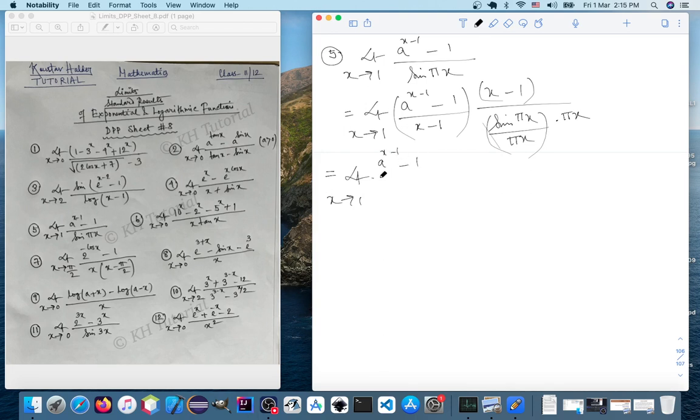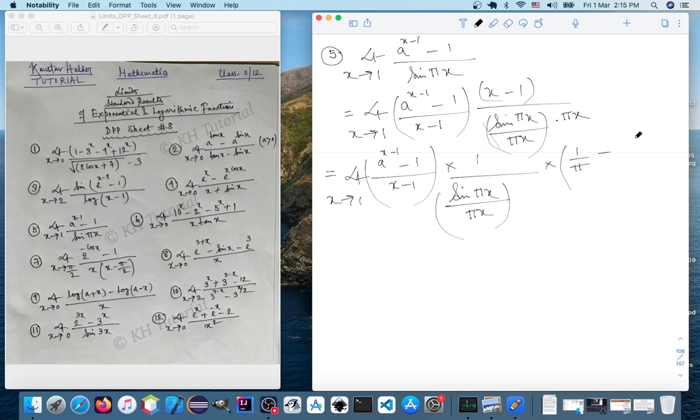We have to simplify x minus 1 by pi x. What does it become? 1 by pi minus... something is wrong.